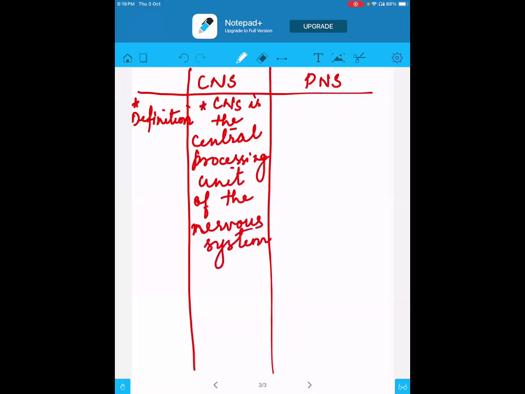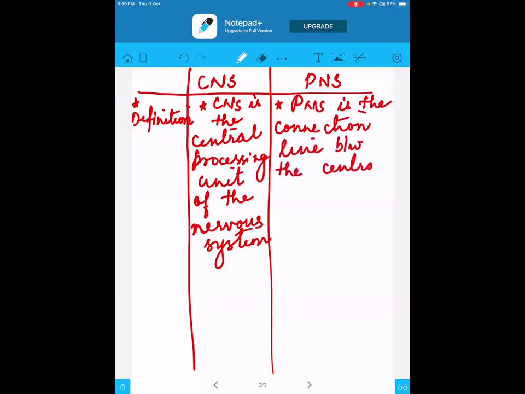Whereas when we talk about the peripheral nervous system, it is a connection line between the central nervous system and the other overall body parts. The peripheral nervous system is generally basically the nerves.